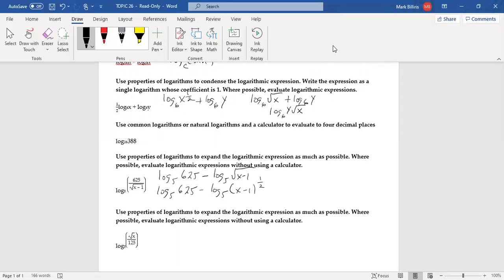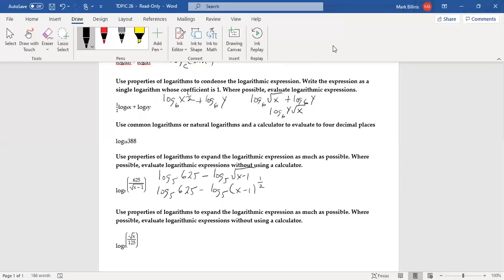Okay, so now, since we're dealing with a power here, this exponent will go in front of the log. But before we get to that stage, we look at log base 5 of 625. We can simplify this because 5 raised to the 4th power gives us 625. So remember, a logarithm represents the exponent.